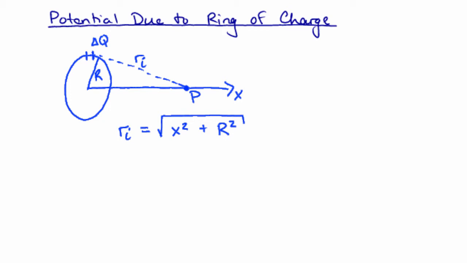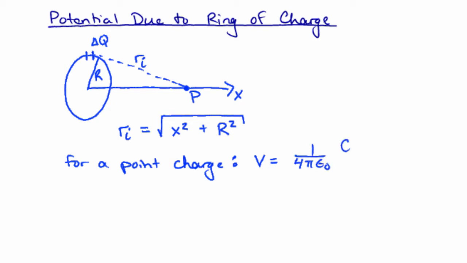As a reminder, for a point charge, potential is equal to 1 over 4 pi epsilon naught times the charge on the point charge over the distance away, the distance between the point charge and wherever you're evaluating the potential.